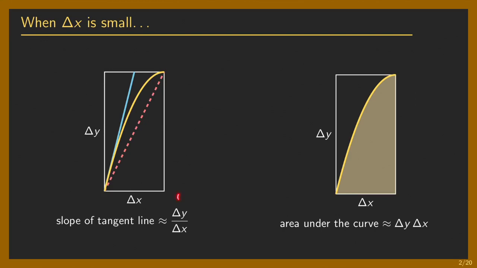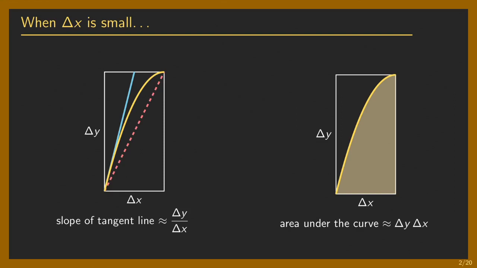On the figure on the left, you can consider the yellow curve or the yellow function, and in performing differentiation, we are usually interested to calculate the slope of the tangent line depicted by the blue line in the picture. Normally, the slope of the blue line cannot be calculated directly without relying on a limiting operation.